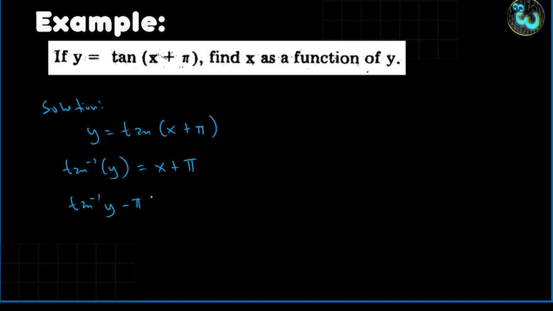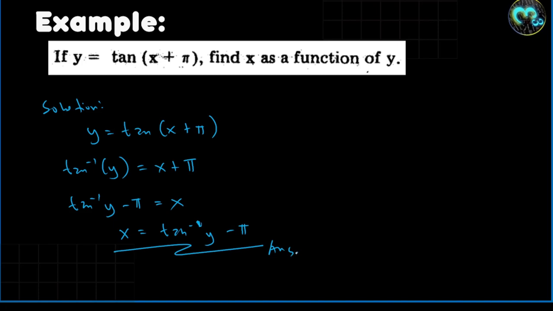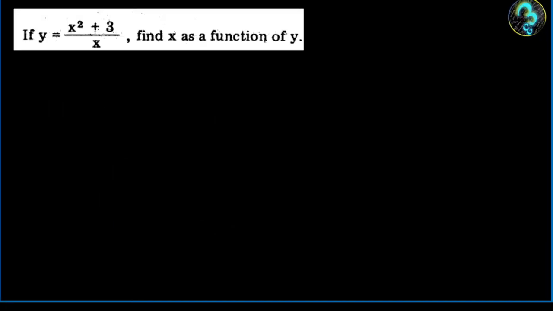So arctangent y minus pi is equal to x. Then we interchange the sides of our equation. So we'll have x is equal to arctangent y minus pi, and this is now our answer.